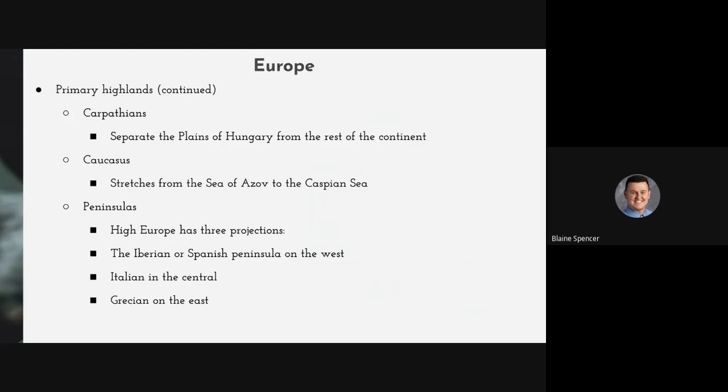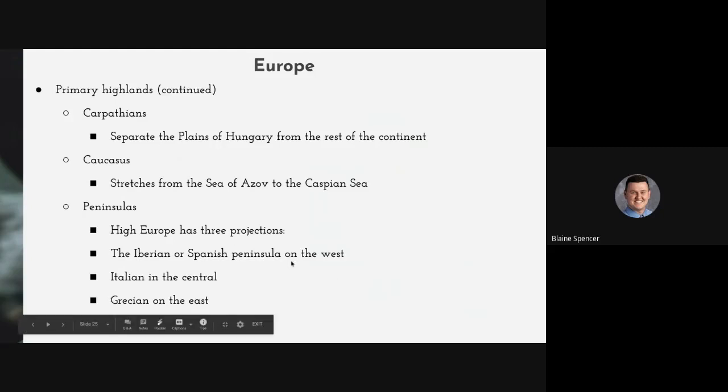It's going to help basically block off part of Hungary from the rest of Europe and Asia. Okay, it's going to help separate parts of the Black Sea, the Sea of Azov, which is north of that, to the east, towards Europe, towards Asia.